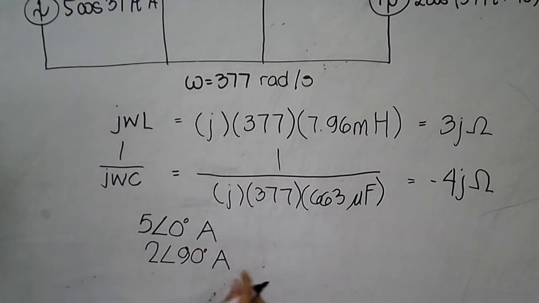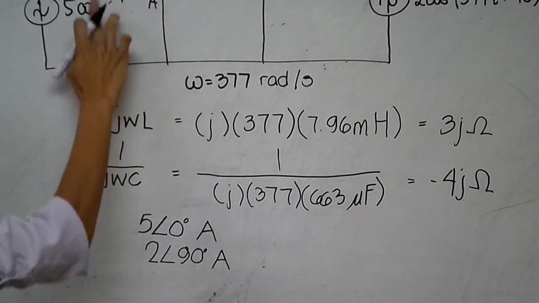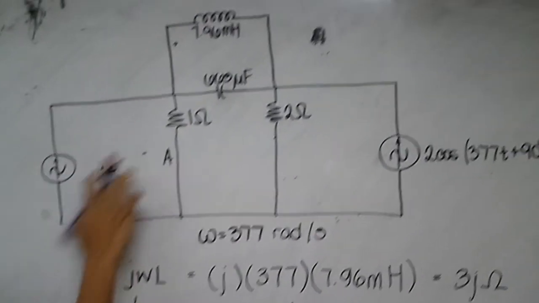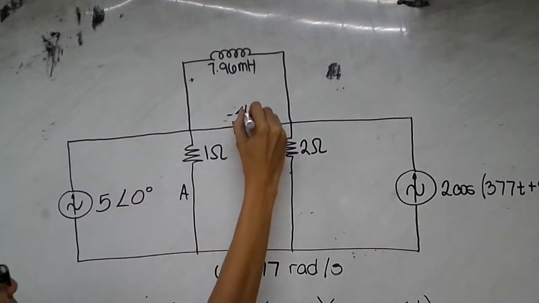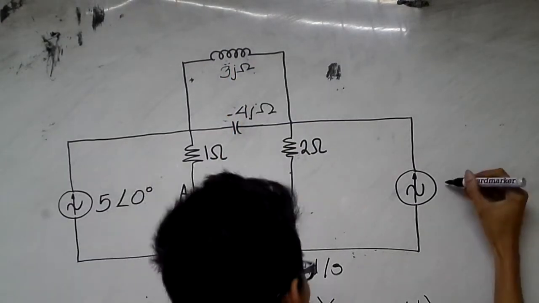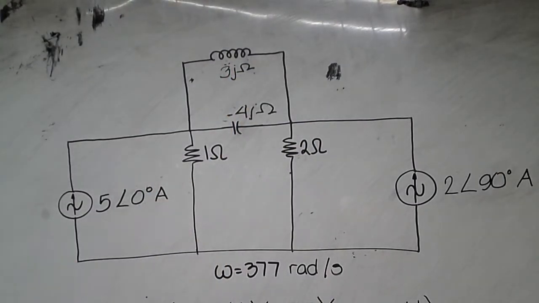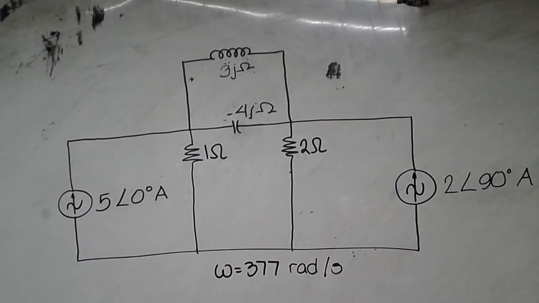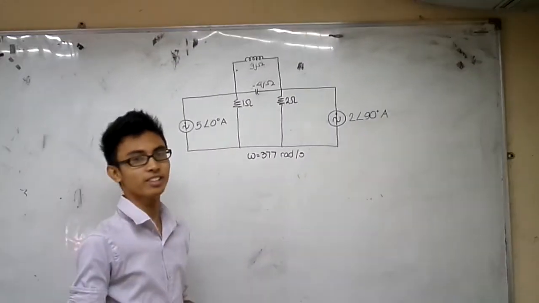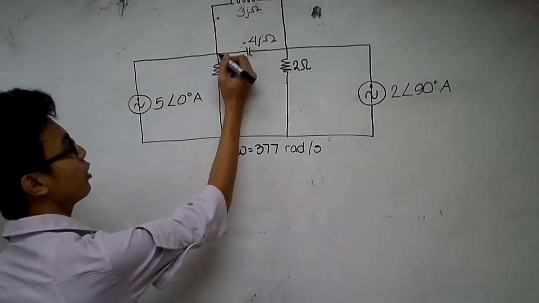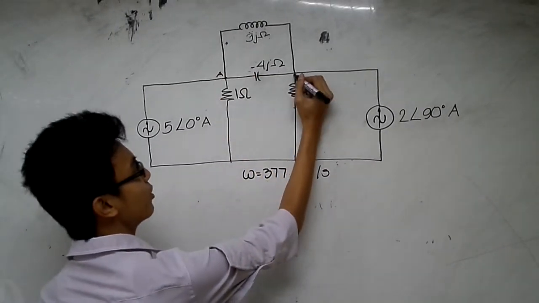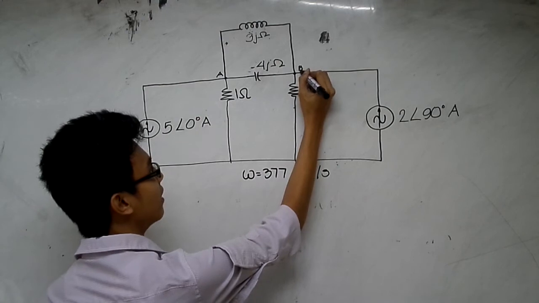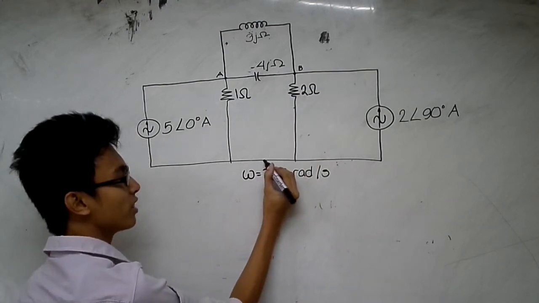Plugging all the values into the given circuit, we arrive at this form. Next, we're going to assign the nodes. I'm going to assign this node as node A, this node as node B, and this one as the reference node.